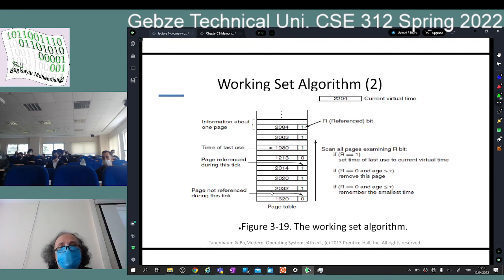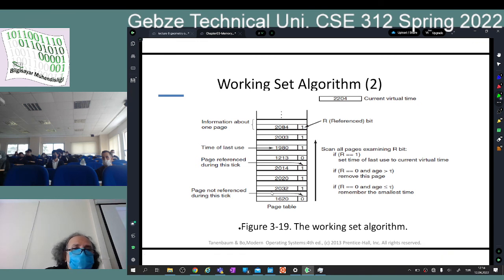This virtual time kind of counts the number of clock ticks. Every time a clock interrupt happens, I increment this virtual clock time. So whenever the clock interrupt happens, I increment this current virtual time, and I scan this page table.